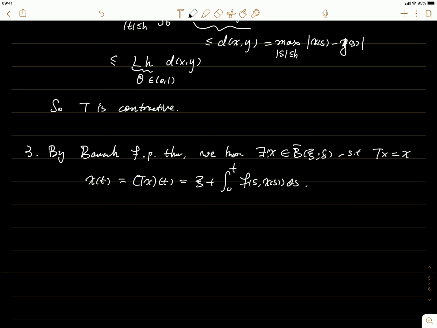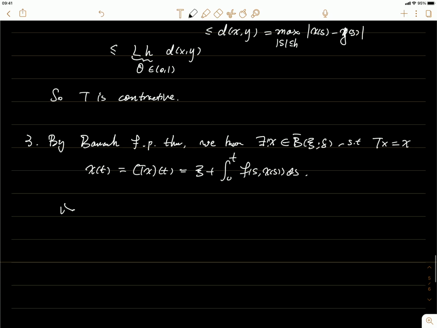And this means that x is the unique solution of the ODE. Okay, so that proves the result.